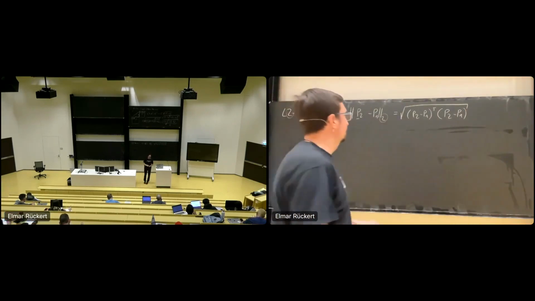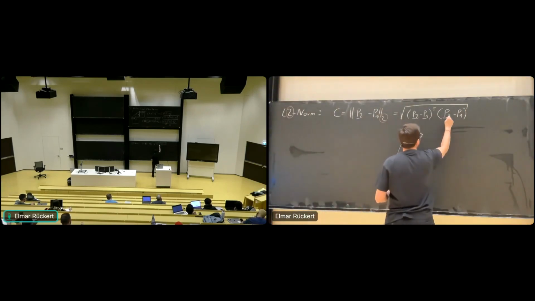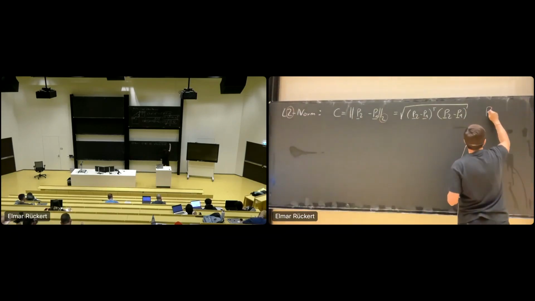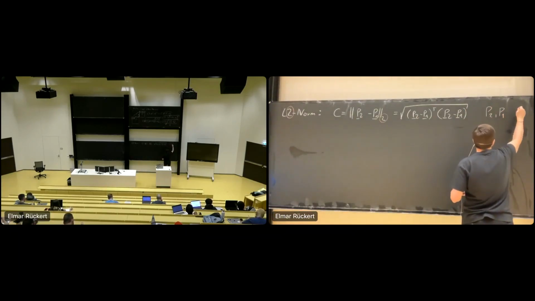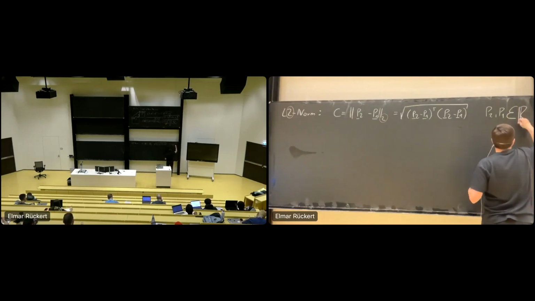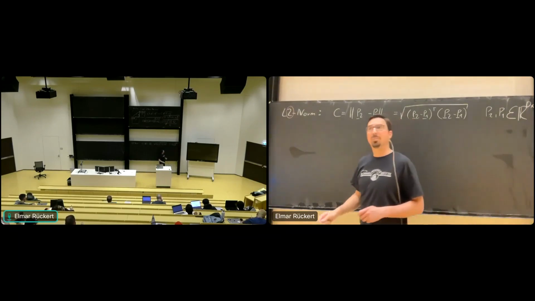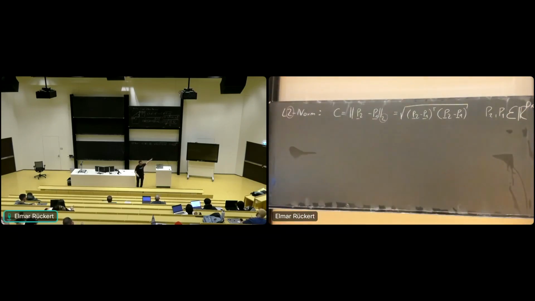And P is a vector and C is a scalar. P2, P1 are both vectors of whatever dimension, T times 1. If you can't read the times 1, forget it. We can also drop this times 1. If it's just a vector of dimension T, it means column vector.